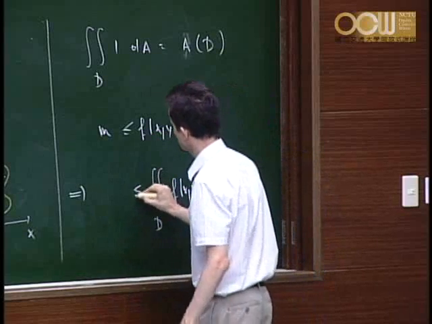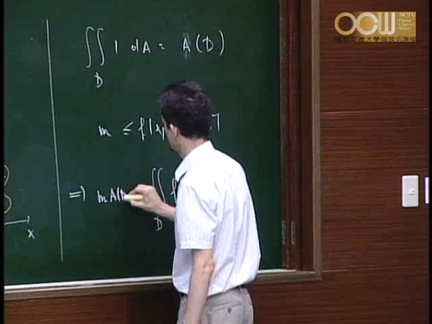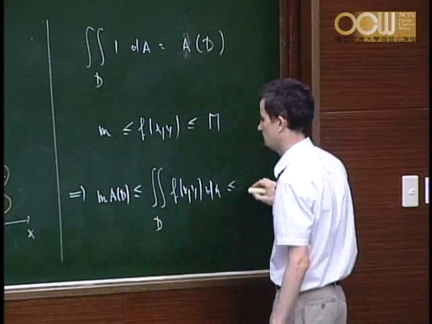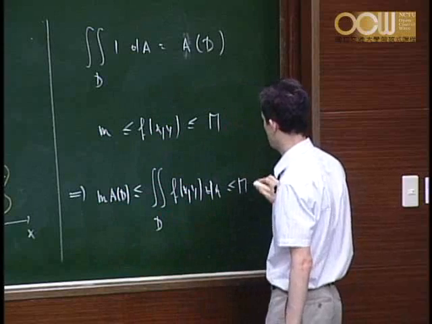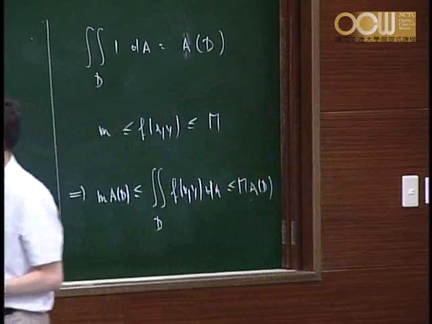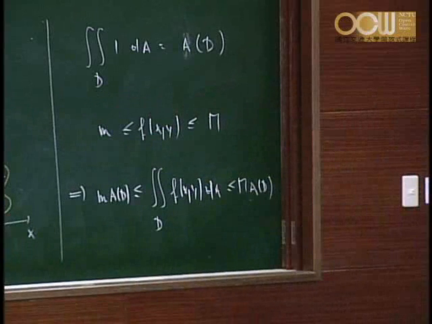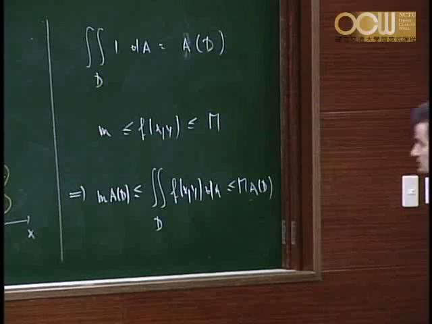So this will be larger or equal than m times the area of D, and smaller or equal than capital M times the area of D. So you have this kind of inequality, which sometimes is useful in order to estimate integrals which you might not be able to compute.